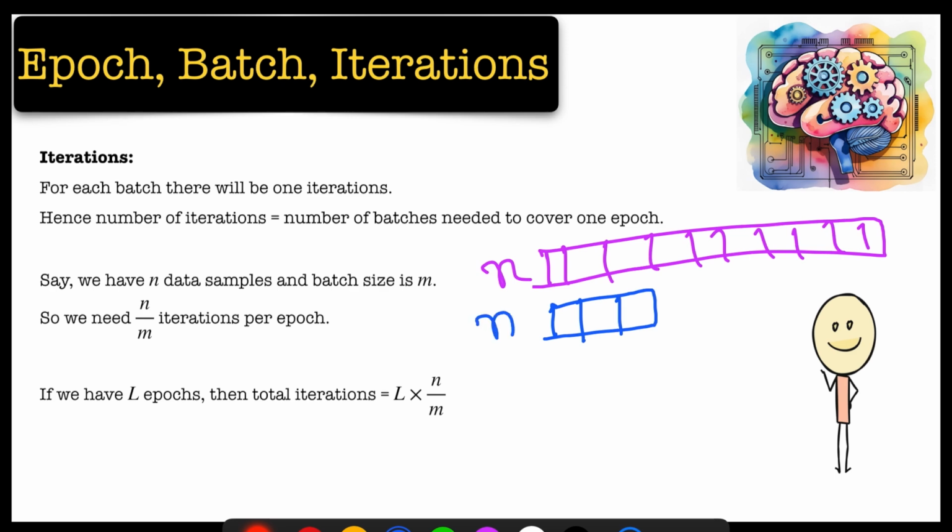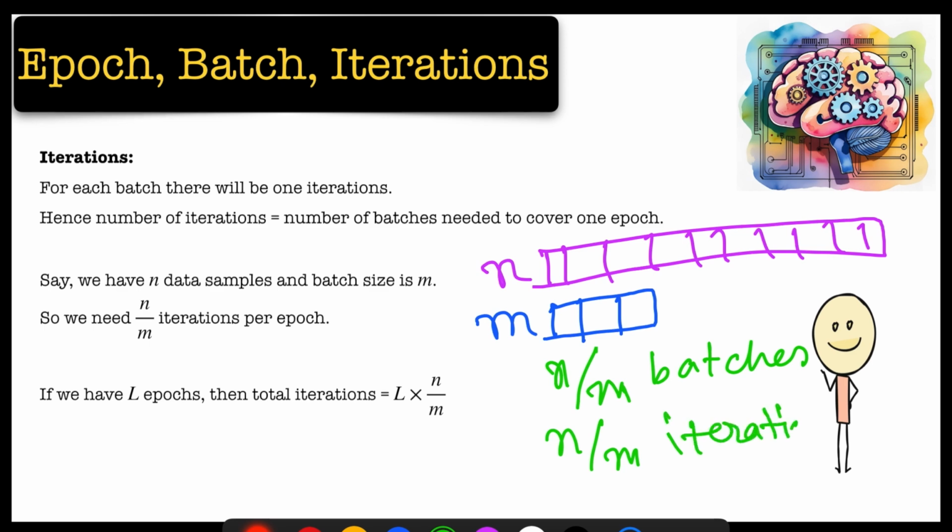So how many batches will you have? We'll have n by m batches. That means n by m iterations. So we need n by m iterations per epoch. Going through the whole data set means one epoch, and we have n by m iterations per epoch.